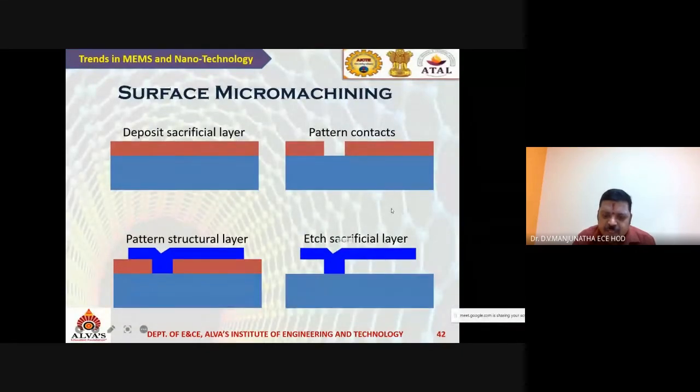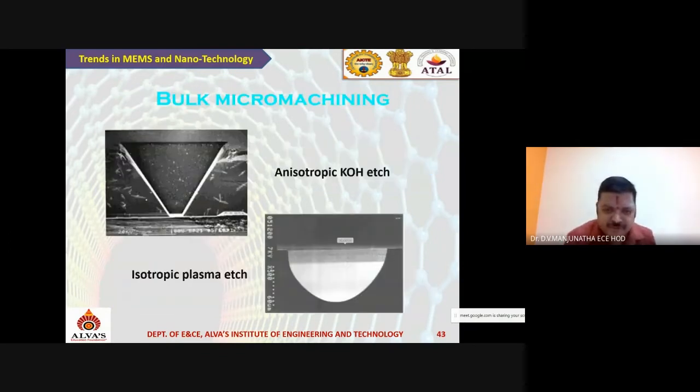Most of the time in all fabrication, many times we repeat the photolithography, etching, deposition, and bonding processes. So this is surface micromachining. Then bulk micromachining, where we use two types of etchants: anisotropic KOH etching liquid and isotropic plasma etching.